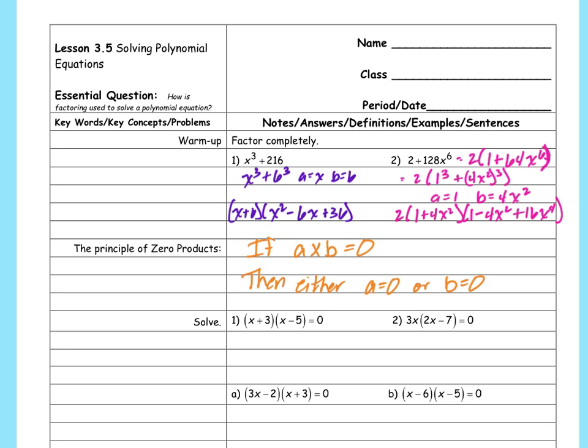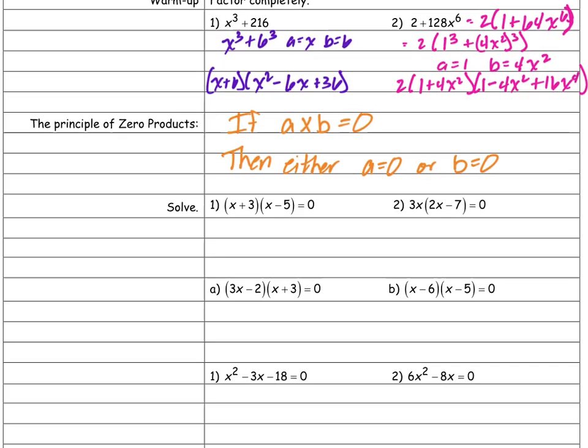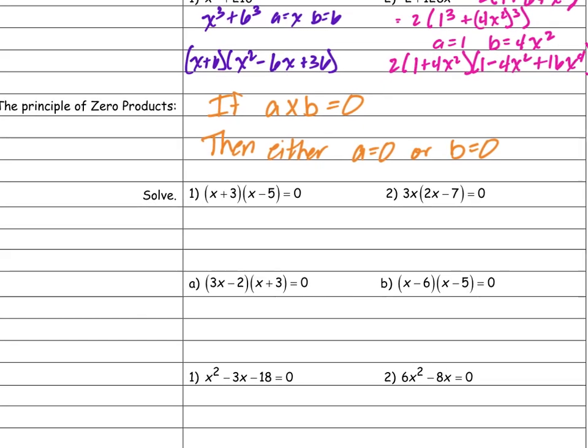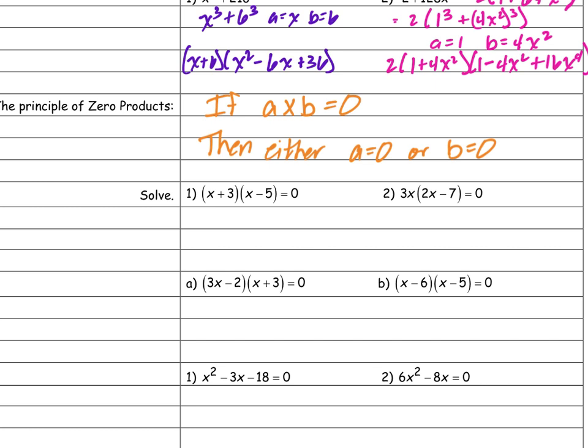So if I look at my problems, and some people have already put some answers into the chat box, the first number 1 says x plus 3 times x minus 5 equals 0. So I have two things multiplied equaling 0, so one of those things has to be 0. What it means is either x plus 3 has to equal 0 or x minus 5 has to equal 0.